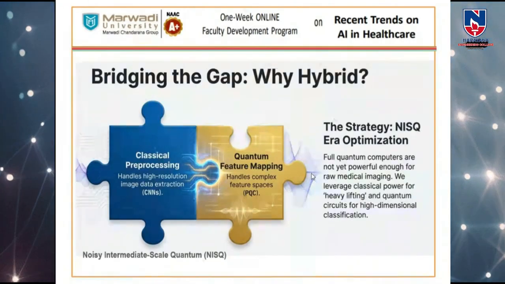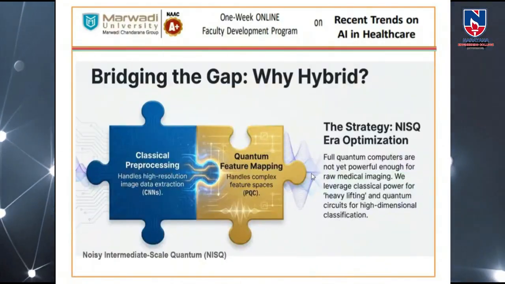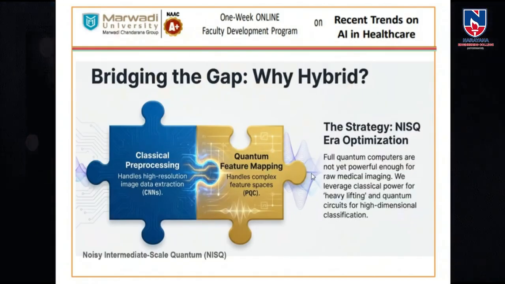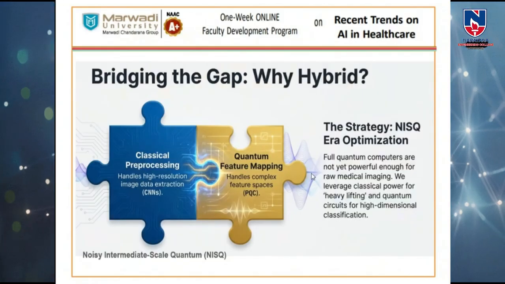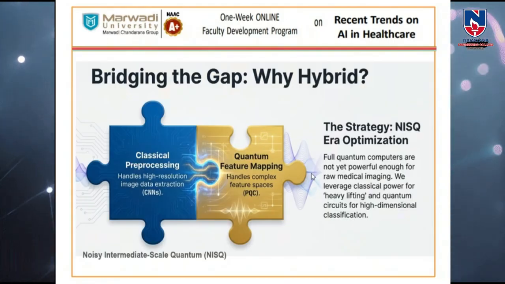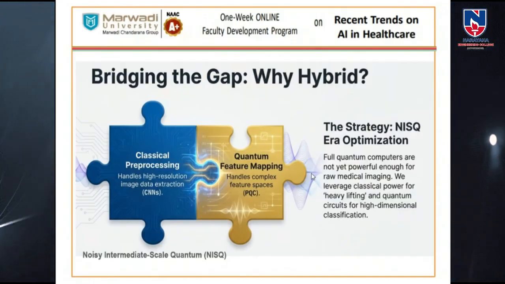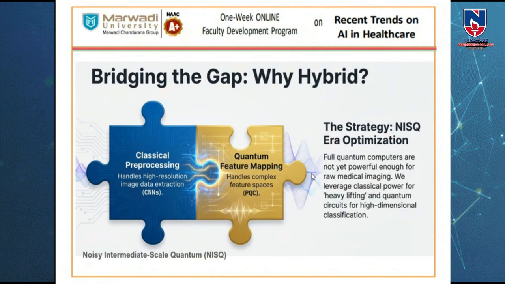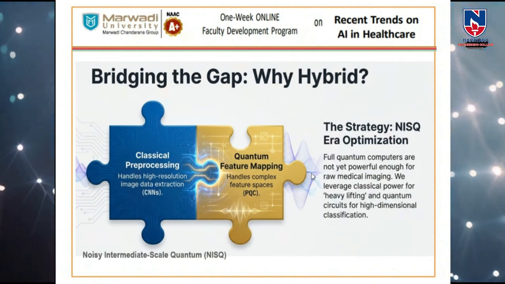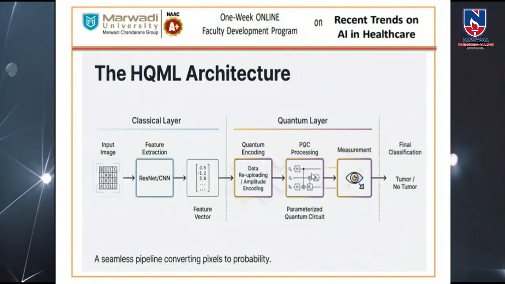In essence, the hybrid approach is scientifically grounded. I implemented a solution that bridges the present hardware constraints and exploits quantum advantage in medical AI. This is the reason for combining classical preprocessing with quantum processing. Even though I stated that quantum computing has superior performance compared to classical computers, you can't replace them.